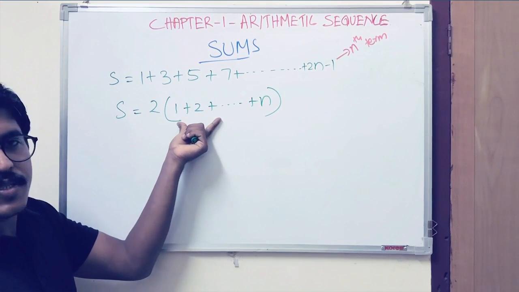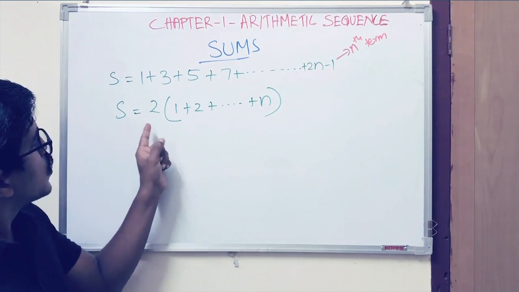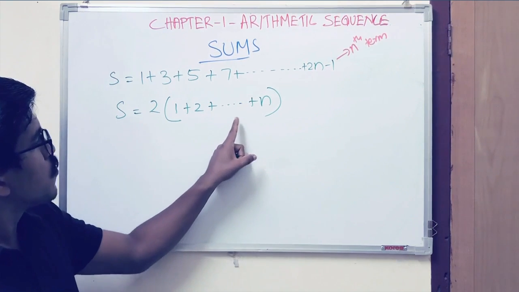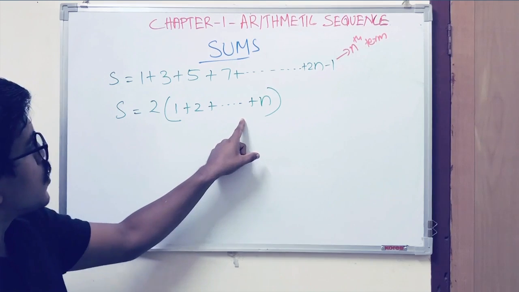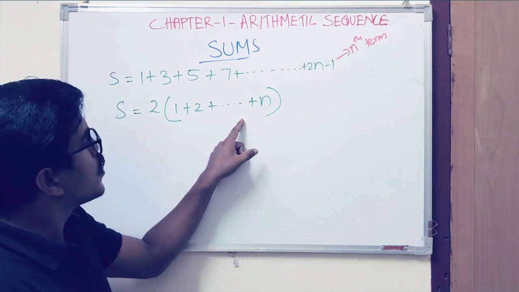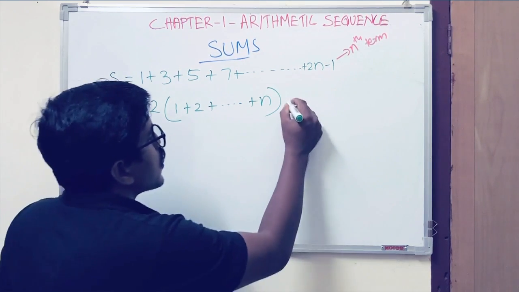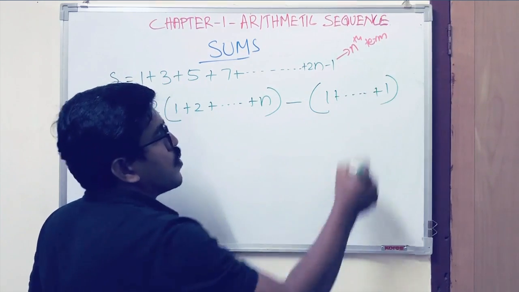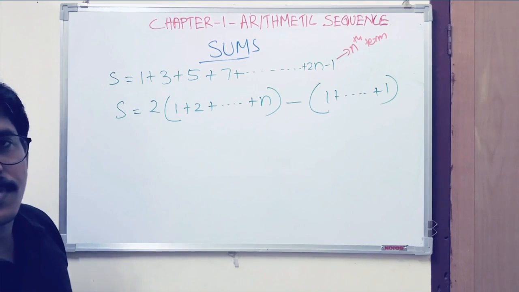We already discussed the sum of n terms of even numbers, we rewrite like this. All of you know that. So we need to subtract 1 etc., n times. Okay.